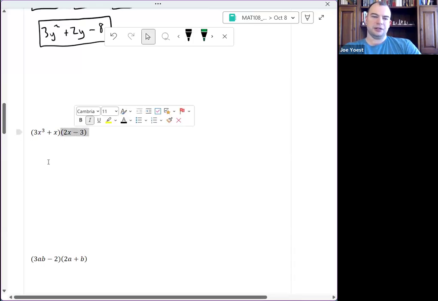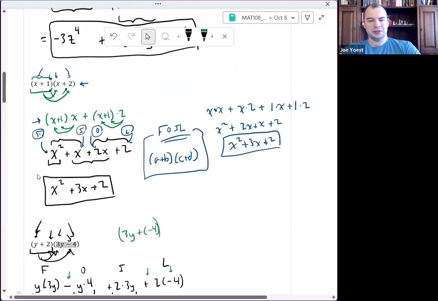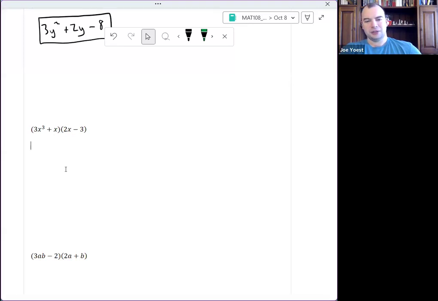Okay, what about something like this? These were nice, kind of linear binomials. We just had y to the first power terms and constant terms. What if I have a more complicated polynomial? How does that work? Well, the good news is it doesn't much matter what the degree of each polynomial is, as long as I have binomial times binomial, it's the same structure.